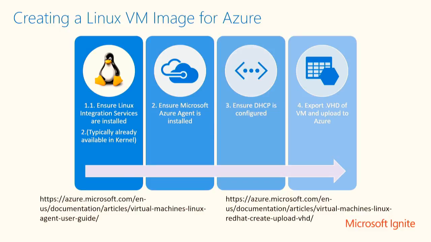You'll need to turn off any static IP, ensure DHCP is configured, and then you just need to export as VHD, not VHDX if you're on Hyper-V, and then upload that to blob storage on Azure, and then you can start provisioning virtual machines from that.